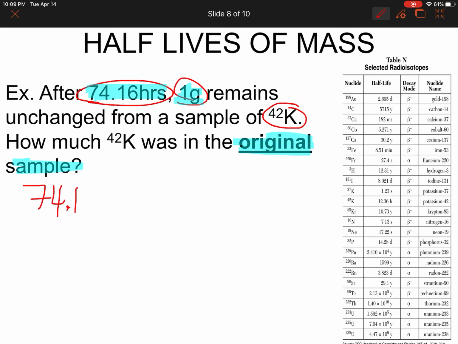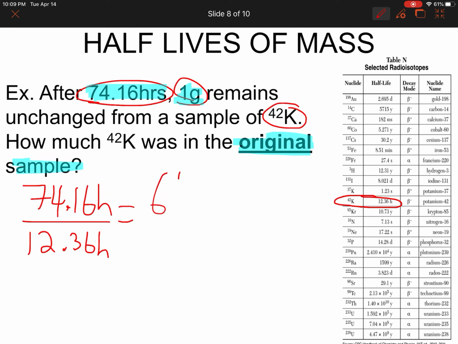So the total time is 74.16 hours. So look up the half-life of K42. There it is, 12.36 hours. So take that number, simply divide by 12.36 hours. So you take out your little calculator, divide them. We're going to get 6 half-lives.